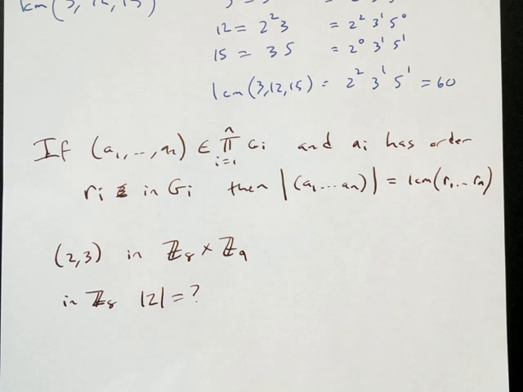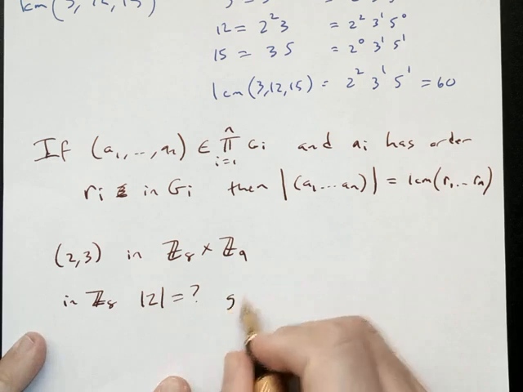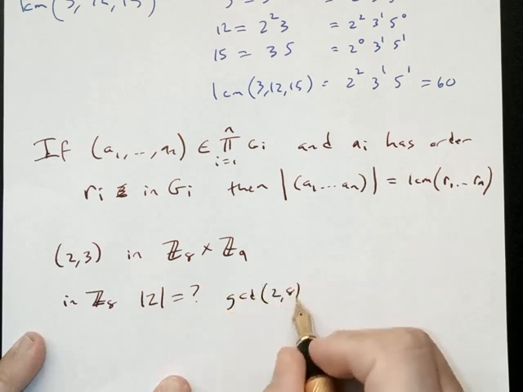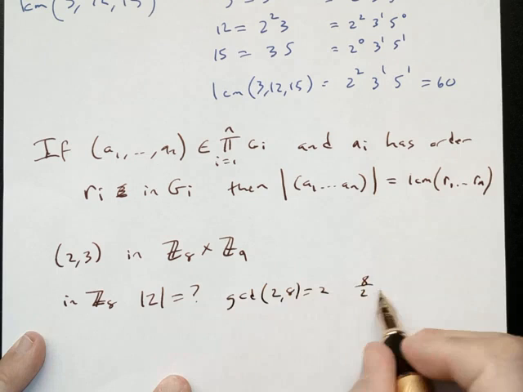Four. You take the greatest common divisor and divide the order of Z8 by it. The greatest common divisor of 2 and 8 is 2. 8 over 2 is 4.